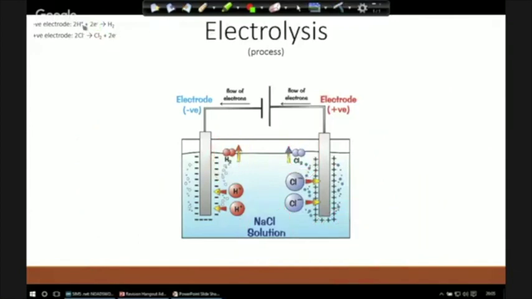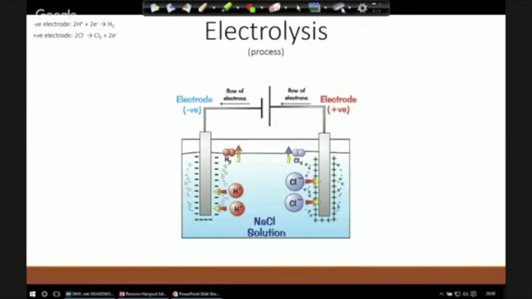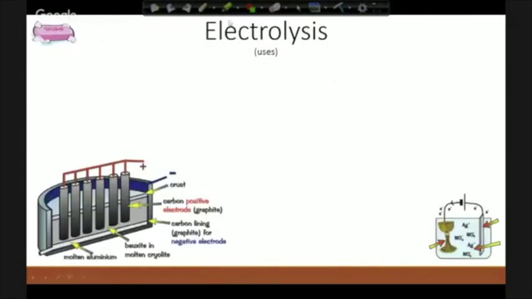So if we look, I've got myself at a negative electrode, my hydrogen ions gaining 2 electrons to form hydrogen. At the positive, I've got myself my chloride ions, which will join to give me a chlorine molecule and release my 2 electrons.